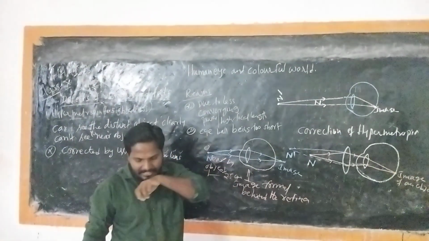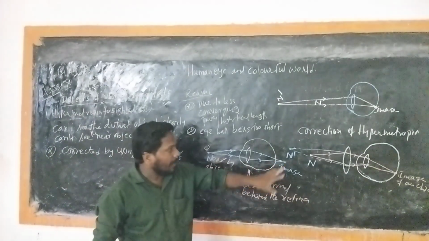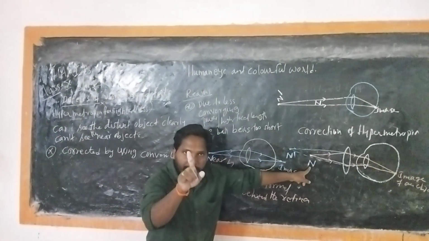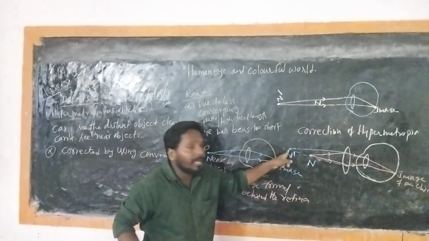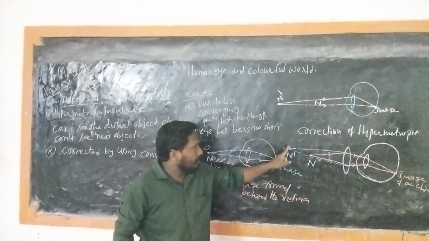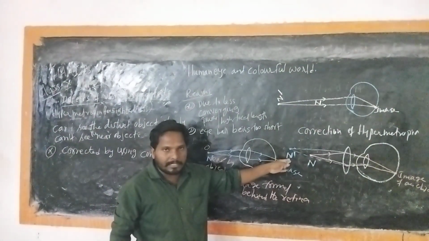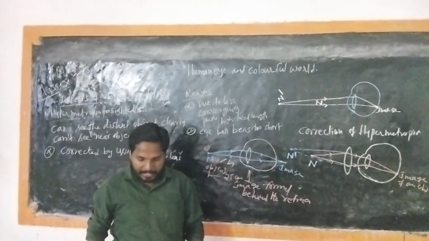The convex lens forms a virtual image of the object. If the object is placed at the normal near point N, the virtual image of the object is formed at N dash. From this point N dash, the image is formed on the retina.